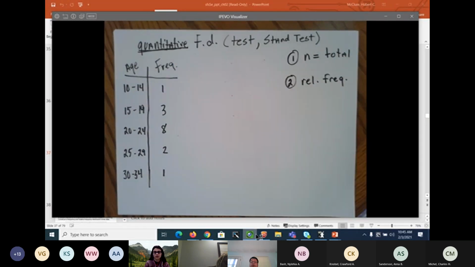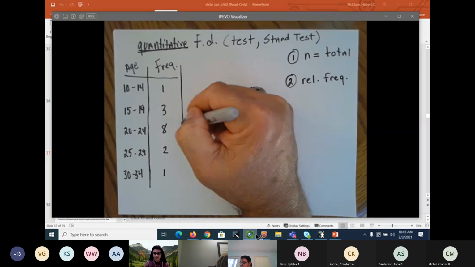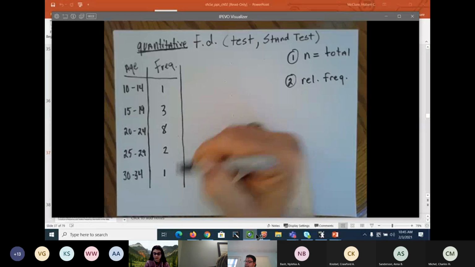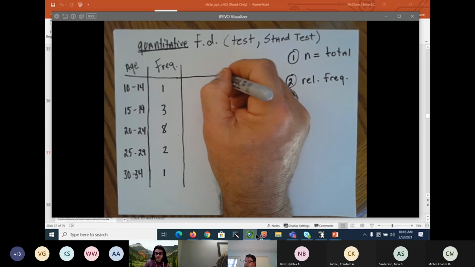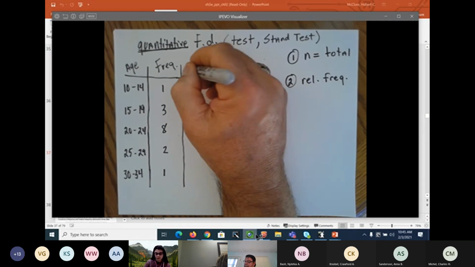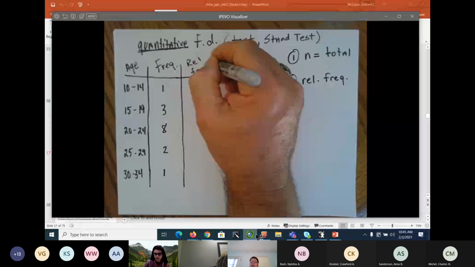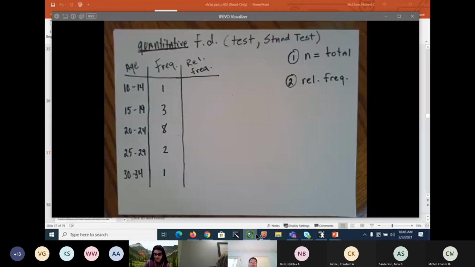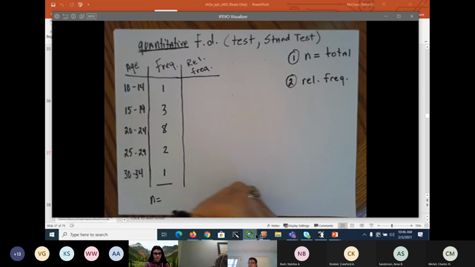So we're going to go ahead and do the first two things right now. Add a column, relative frequency. I want everybody to do the relative frequency for those 5 classes. Somebody give me the total. N is equal to what? 15? 15.